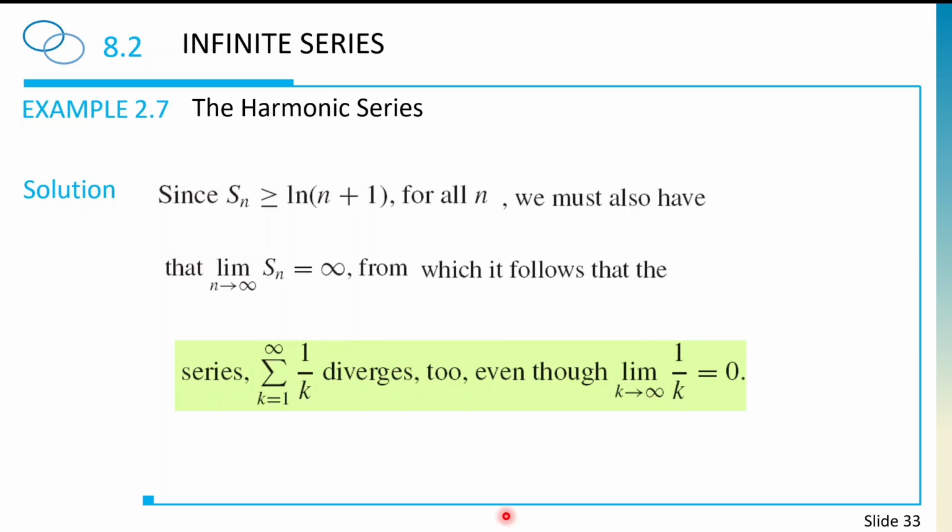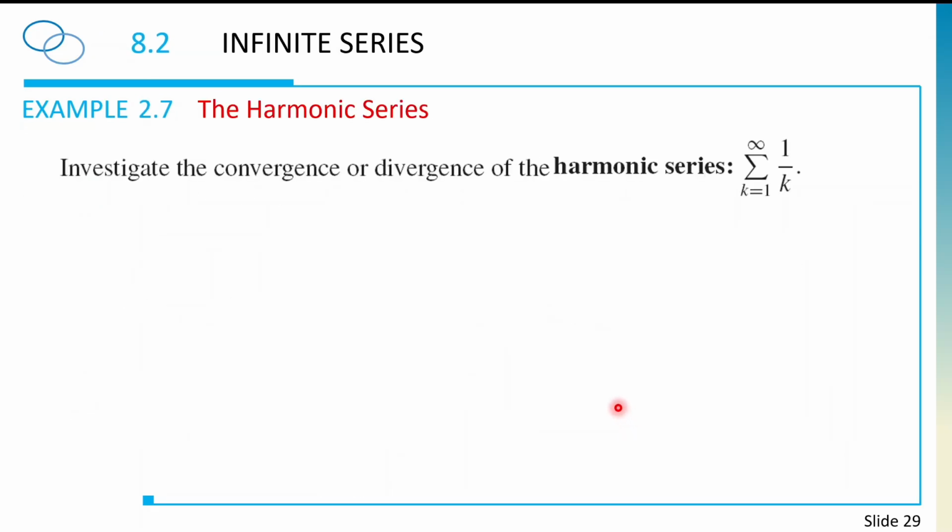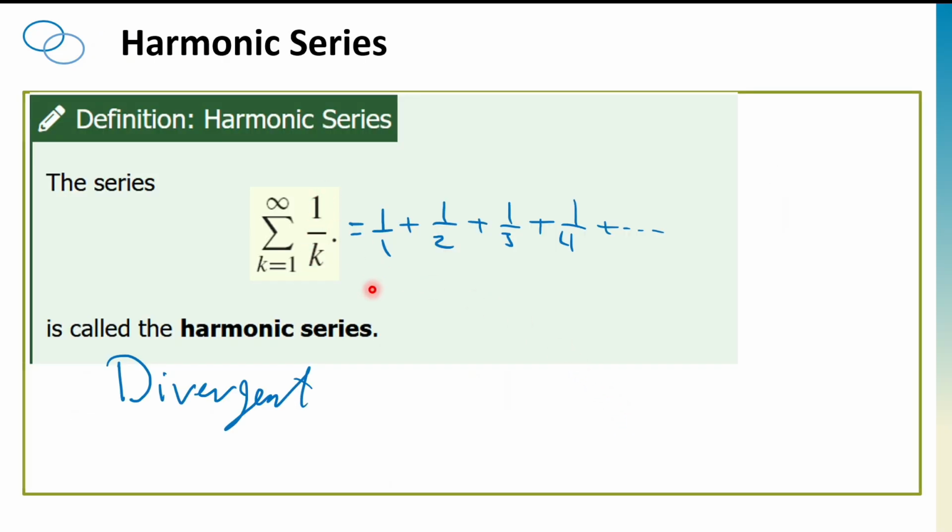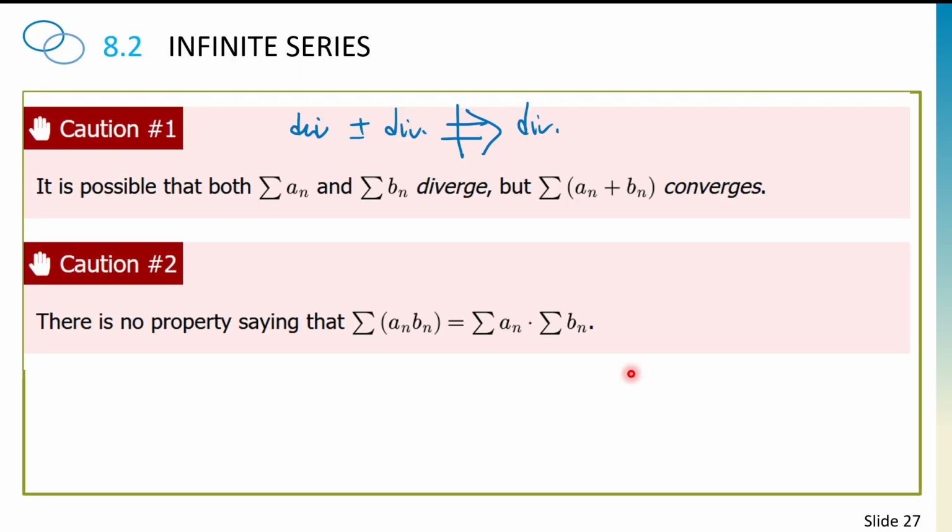Okay, clear? Now I'll use the idea of the harmonic series to show you a counter example. So you see the harmonic series is a good counter example for more than one thing. If I go back to this case, the harmonic series, this result, is divergent.